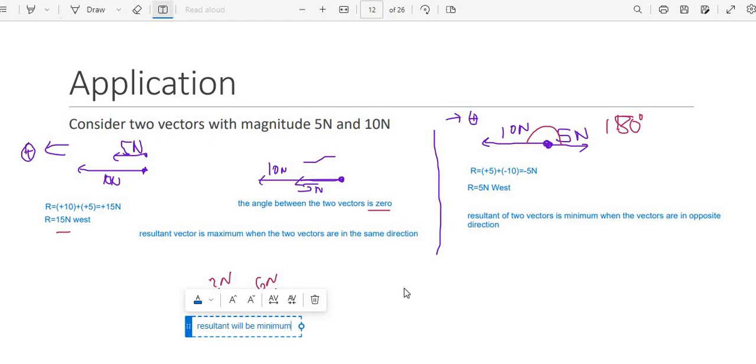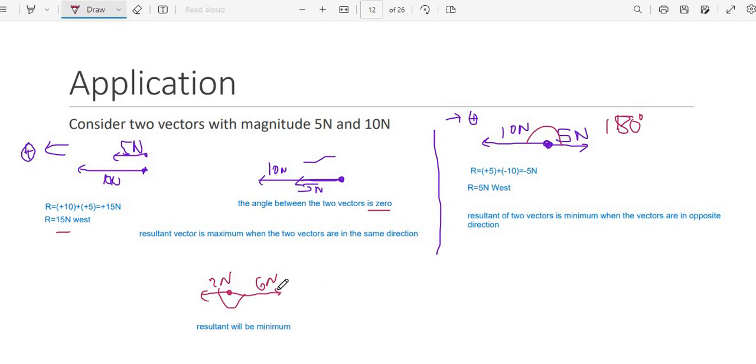And what is actually interesting is it does not matter how you put the vectors. Irrespective of how you put the vectors, the resultant vector will be any value between the minimum and the maximum value. Let us just take these two vectors as an example.